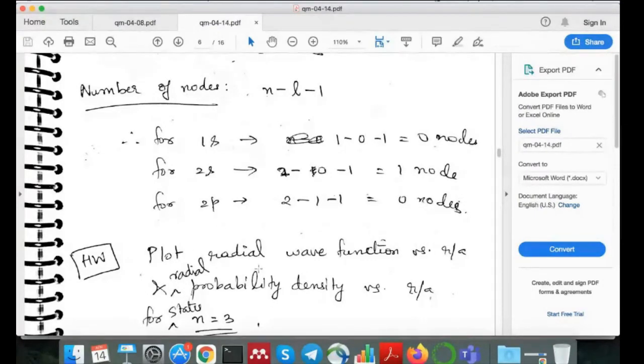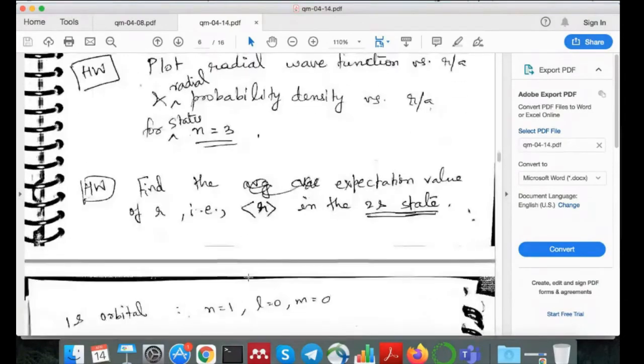From the next plots, 3s, 3p, 3d, you can figure out how many nodes there will be for the n equal to 3 case. Now, this is also another homework problem.